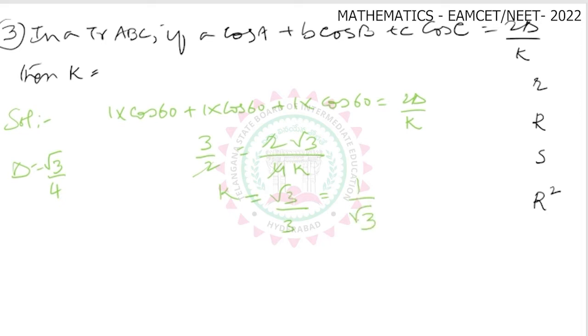Therefore, we know that the value of capital R is equal to 1 by root 3. So this is not the correct answer. This is the correct one because capital R is equal to 1 by root 3. So you have to remember this result also. R is equal to 1 by root 3. Is it clear? So within 2 steps only you got the answer.